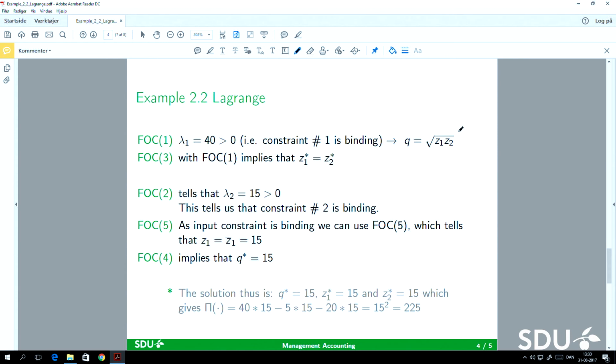Next, we can look at our first order condition number 2, and this would tell us that lambda 2 equals 15, so it is also positive. It would tell us that our second constraint is binding, so we have that C1 in the optimum equals 15, the maximum we could use. But we already know from here that C2 in the optimum is going to be the same.